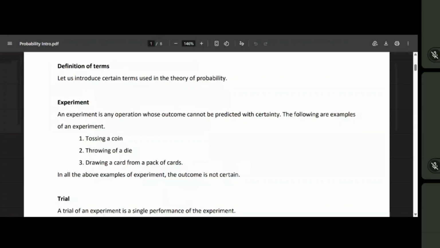For instance, I'm sure you all have played Ludo before. If you throw a Ludo die, you are not sure. We have 1, 2, 3, 4, 5, and 6. You are not sure which number will surface. But you'll be shouting 6, 6, 6, 6 me Ludo. It's just your expectation.